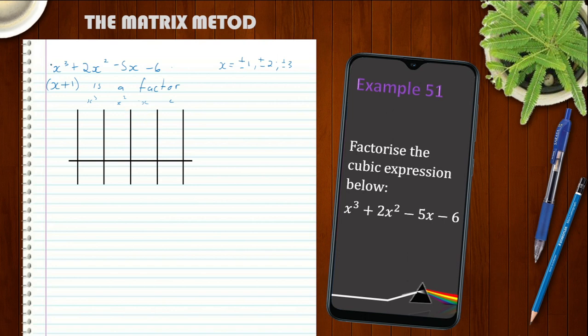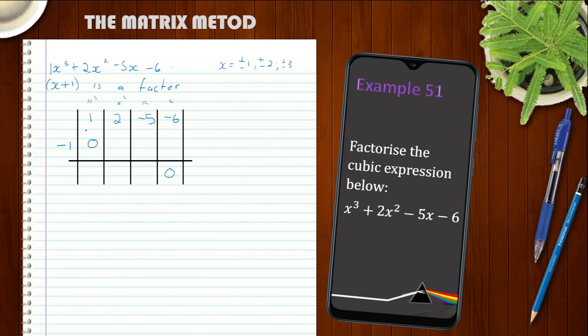So that is 1, 2, minus 5, and minus 6. Okay, your x value goes here, minus 1. Then we start with 0 and we want to end with 0. The rule of this table is you add down and you multiply across.